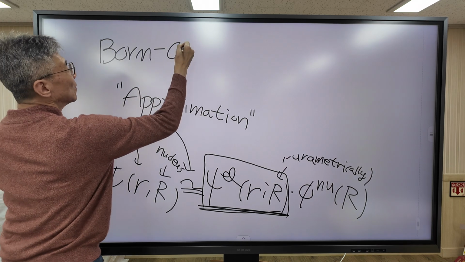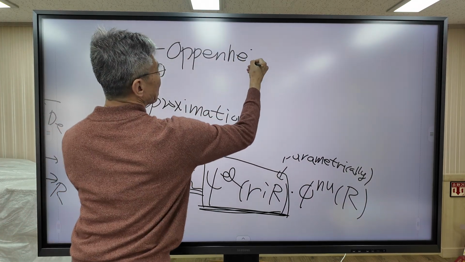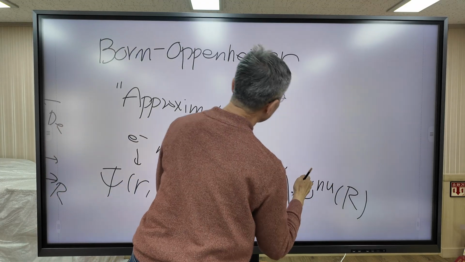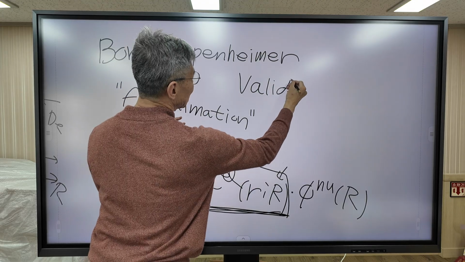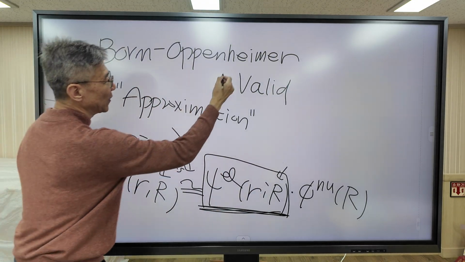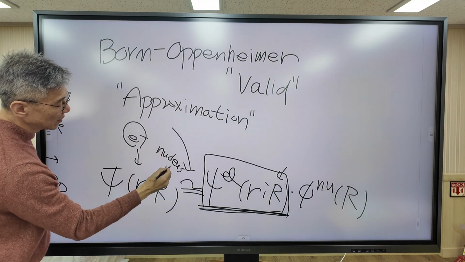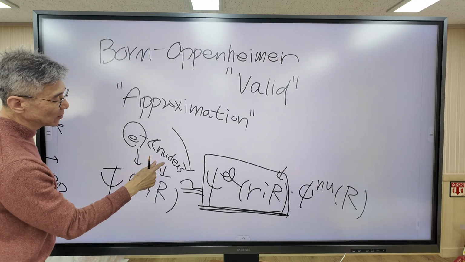Born and Oppenheimer. But this approximation is very successful, because it is valid and useful since the mass of the electron is very, very small compared to the mass of the nucleus.